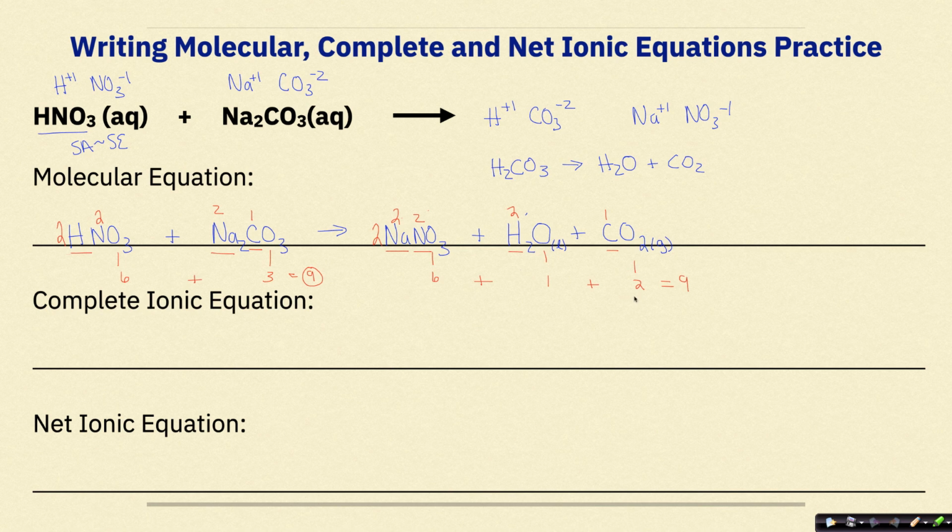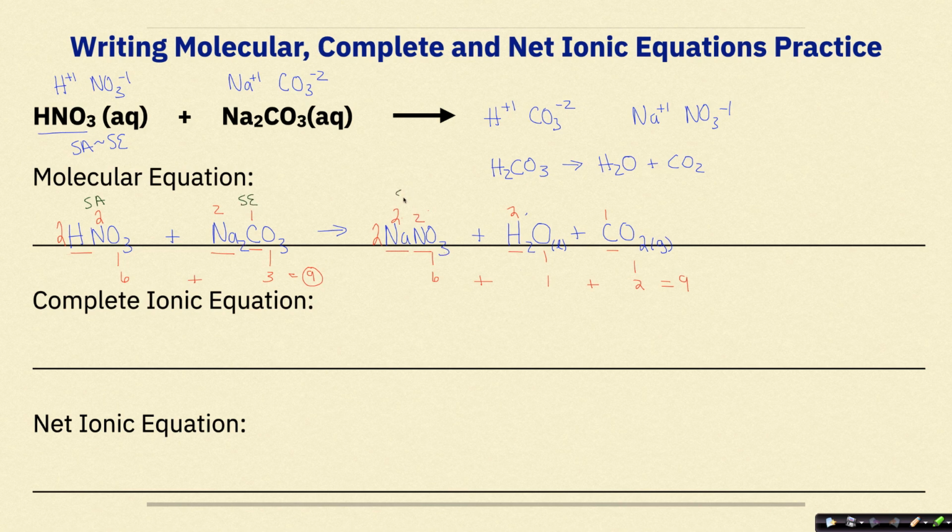One more time, I'm going to go through and identify what is soluble and can break down into ions and what needs to stay together. So HNO3, that's a strong acid. That's going to ionize into ions. Na2CO3, that's a strong electrolyte because of the presence of that sodium ion.